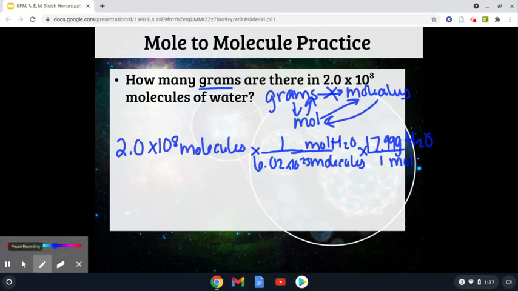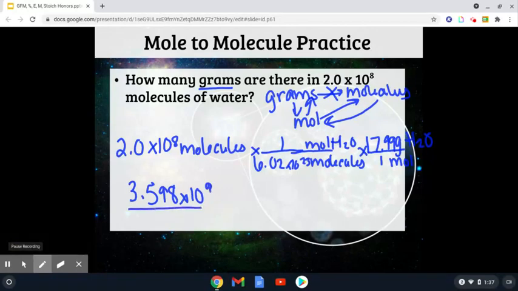Okay, so when you put that in your calculator, my suggestion is to multiply the tops, the numerators, multiply the denominators, and then divide them separately. So I would get 3.598 times 10 to the 9th, and then I would divide it by 6.02 times 10 to the 23rd. Again, put parentheses around these numbers.